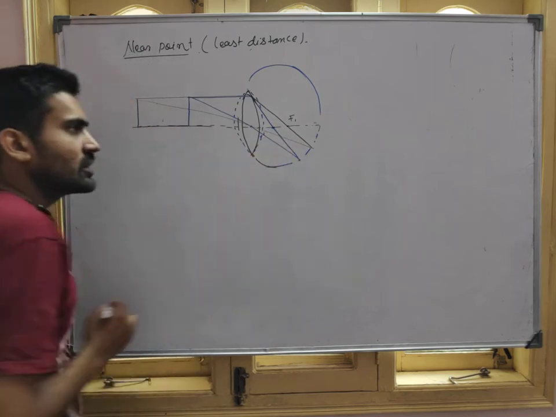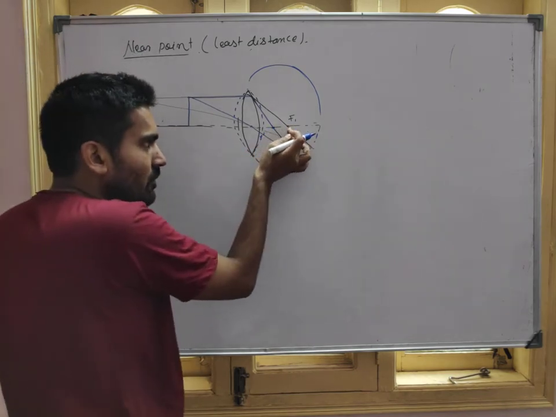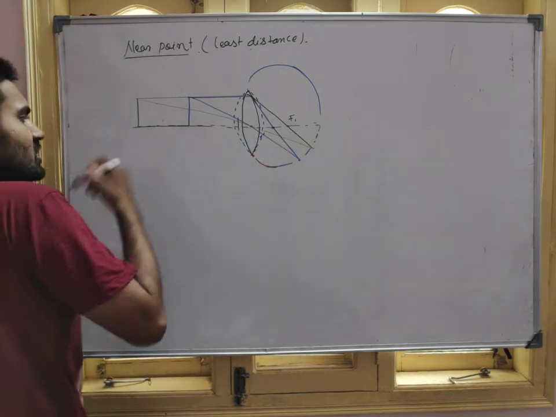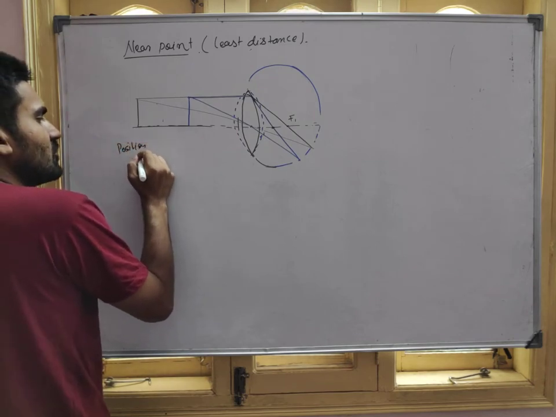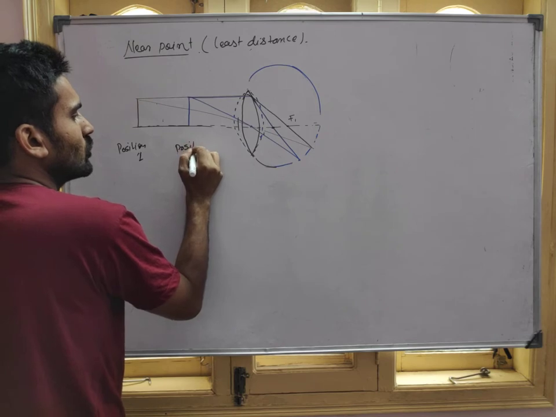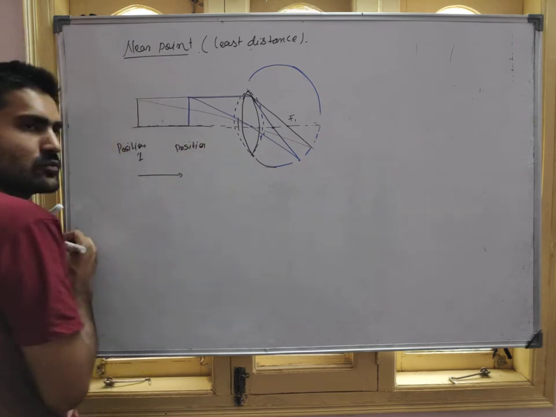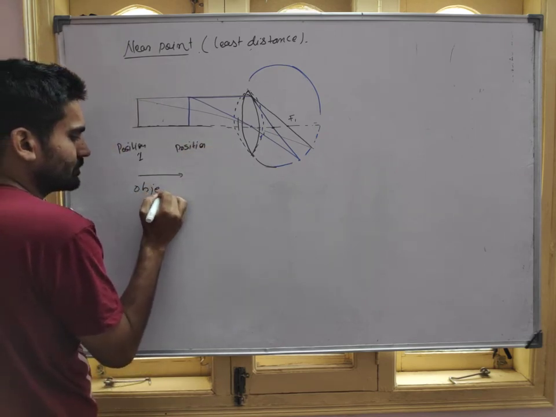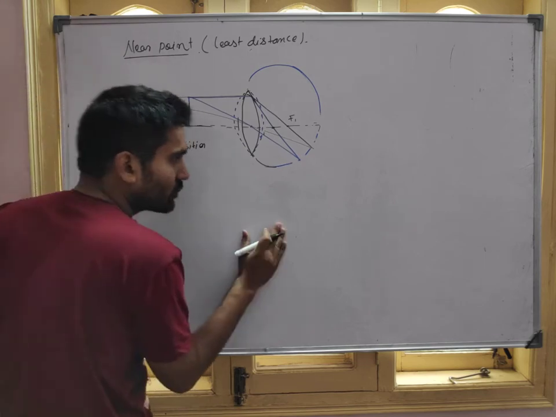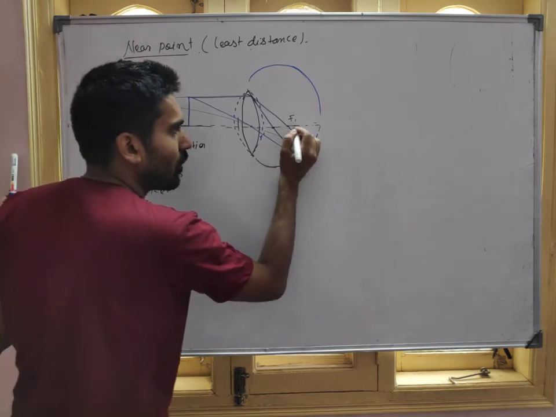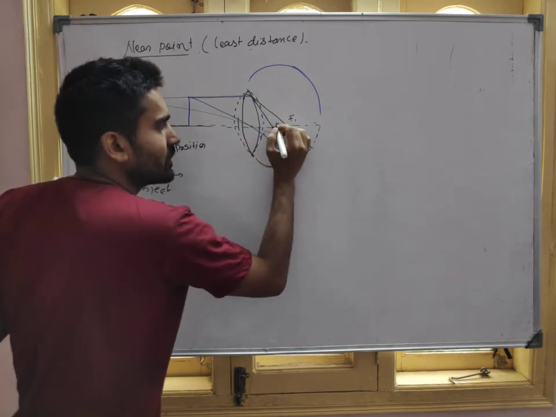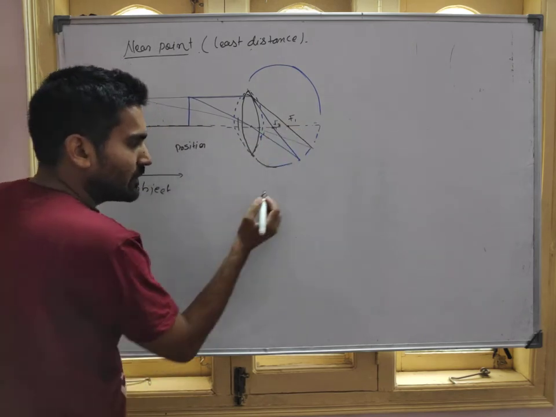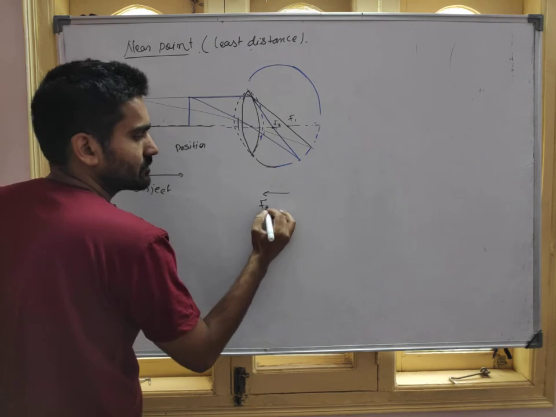So notice here, the focus shifted from here to here. Let's say the position of the object is position 1, here position 2. So the object is moving near to the eyes, and the focus shifted from here to here.